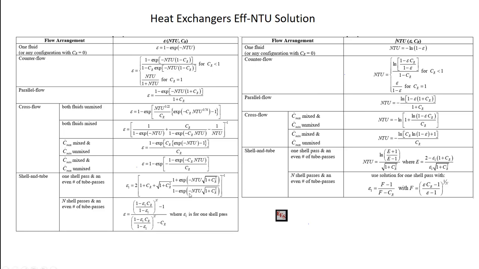But what makes a better engineer is one who understands why: what's going to happen as NTU gets really large, or what's going to happen as the capacitance ratio gets really small, or why these solutions are behaving the way that they are, right? Because that helps you go one step beyond just implementing a solution to understanding what the solution is telling you, which is really pretty important.